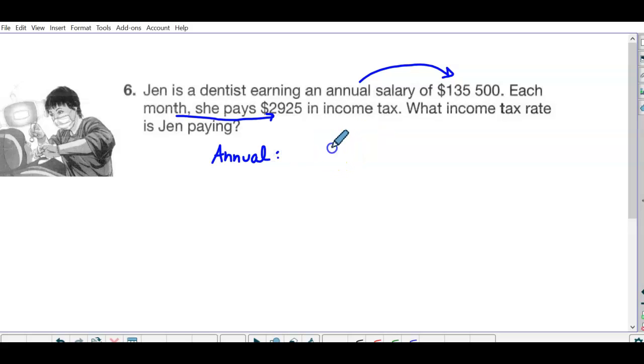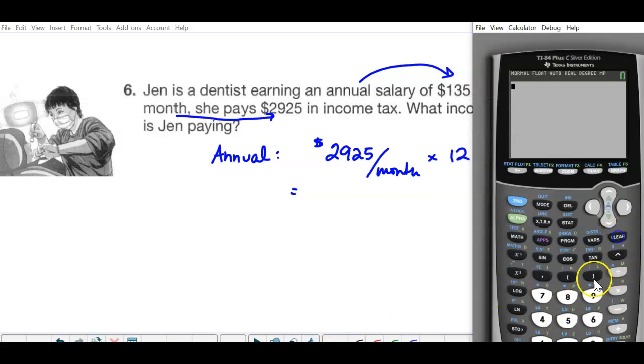So I'm going to take the income tax, that's the dollars per month, and multiply by 12 months. So 2,925 times 12, and that's 35,100. Okay, so that's income tax.